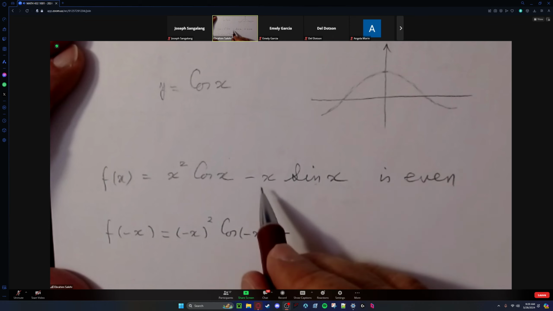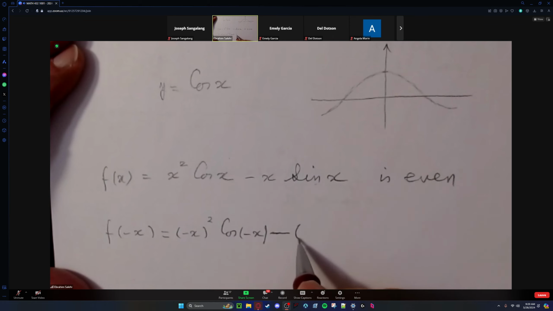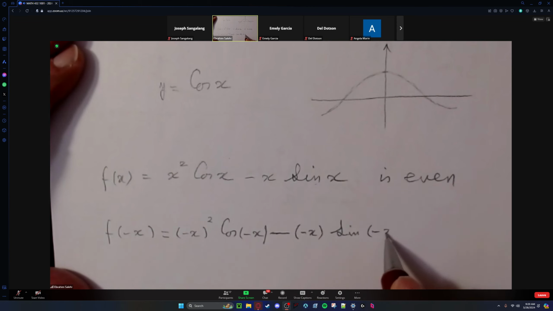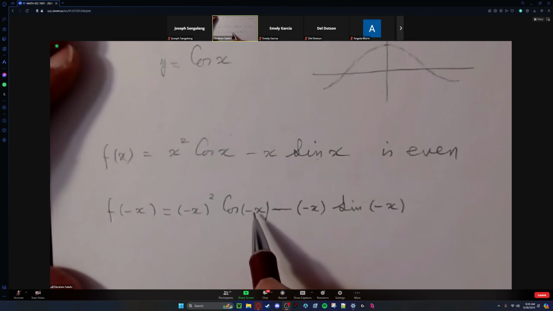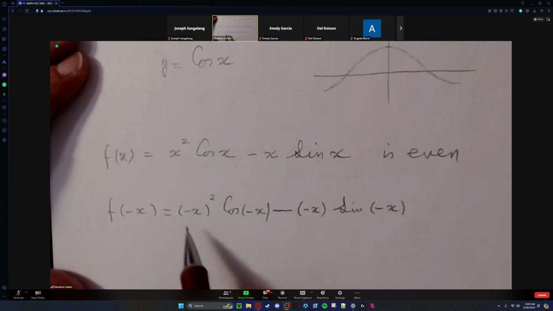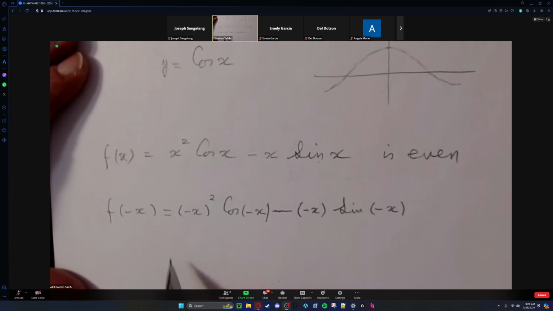Then comes this part, replace x by negative x, sine of negative x. Remember, cosine of negative x is the same as cosine x, and x squared in here. So this will be x squared cosine of x.